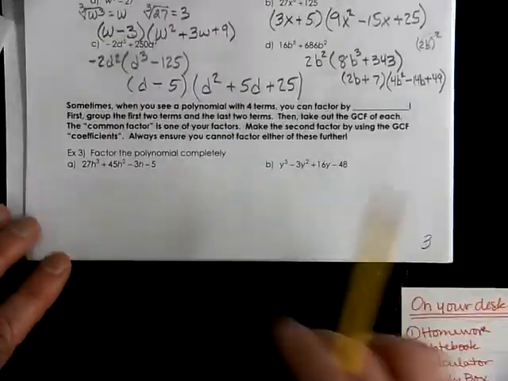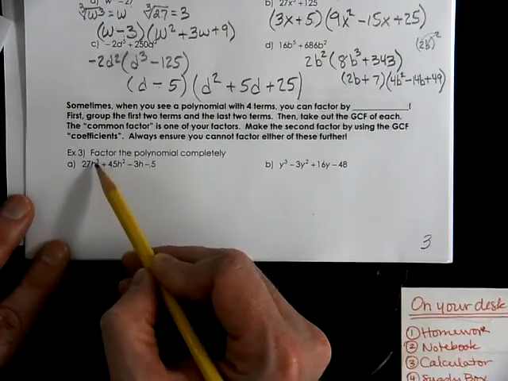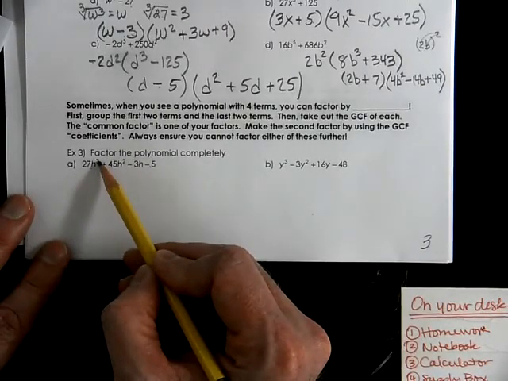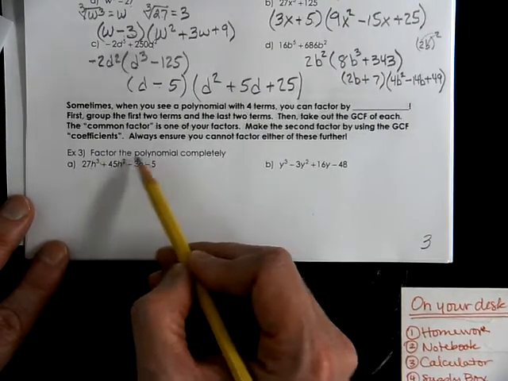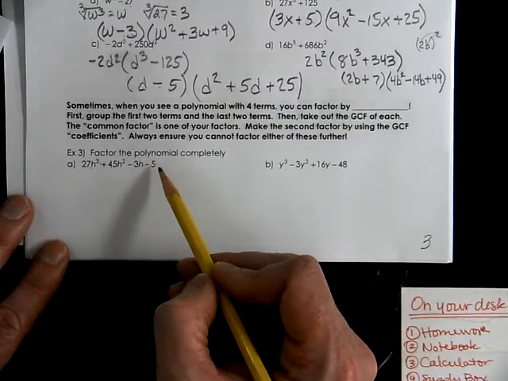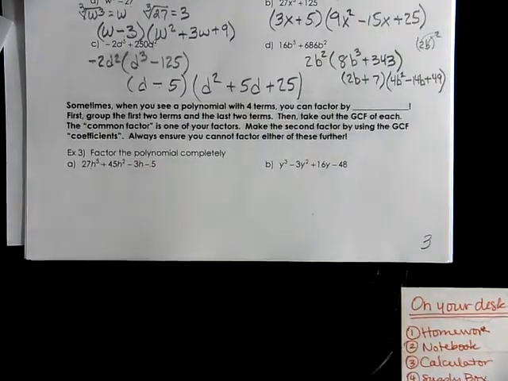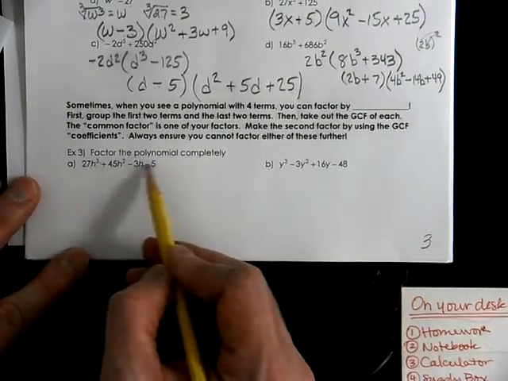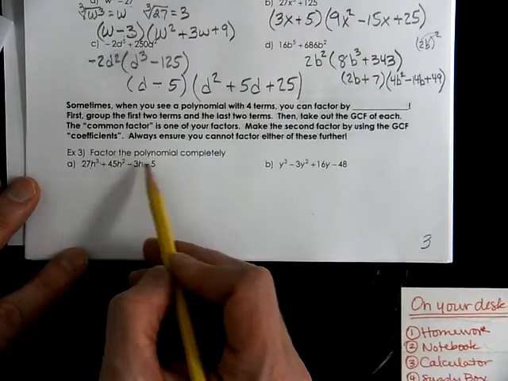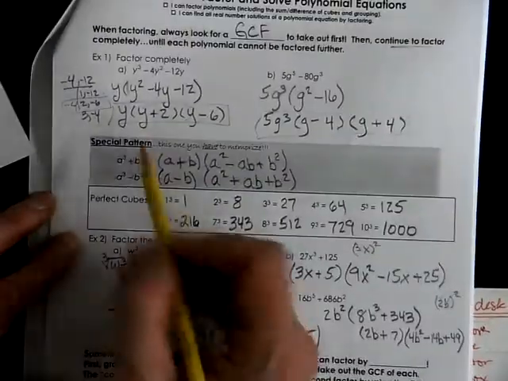What we're going to look at next is what if we're working with 4 terms? Look at this. This is h cubed, h squared, h, and this doesn't have another term at the very end. So notice that this does not have a GCF in it. In the past, we may have had a variable in every term like we had up here.